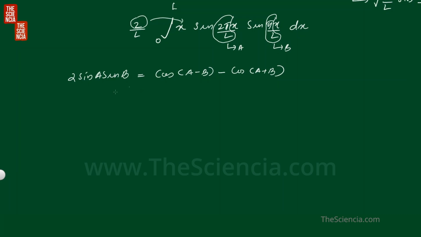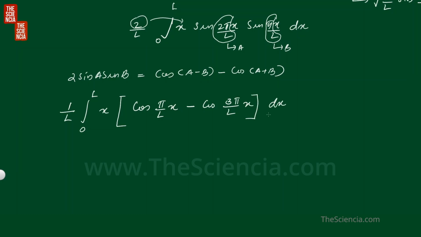So I can rewrite this equation as (1/L) integral 0 to L x into cos of (A minus B, that is 2π/L minus π/L, so π/L) into x, minus cos of (A plus B, that is 3π/L) into x, dx.